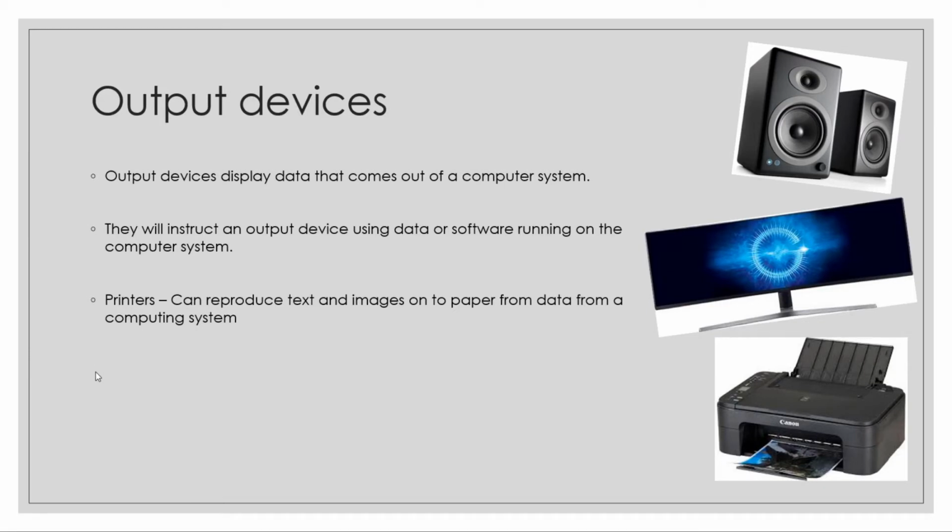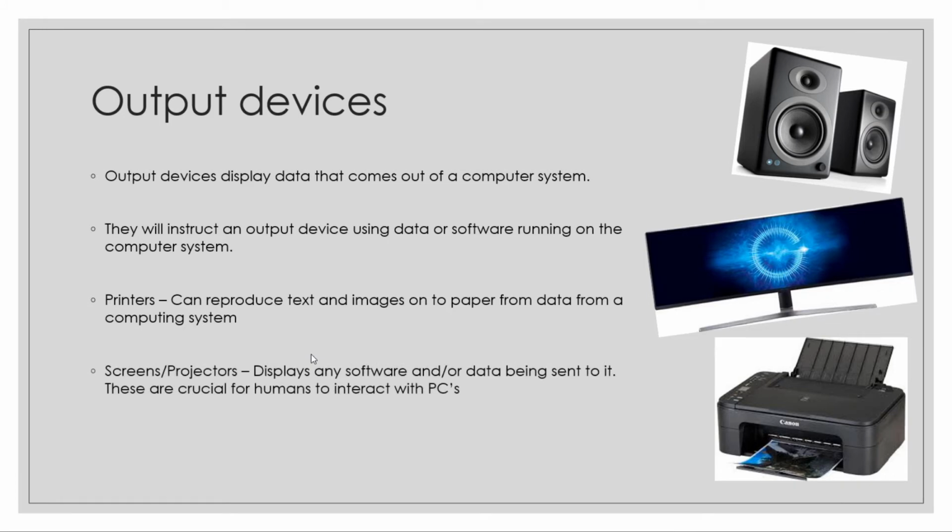Printers can reproduce text and images onto paper from your computer. The computer sends out a certain type of signal, and the printer will interpret that and print it on paper. Screens and projectors display anything that the PC is sending to them.